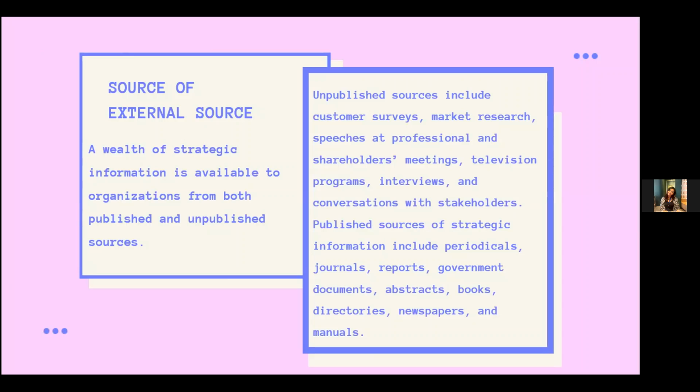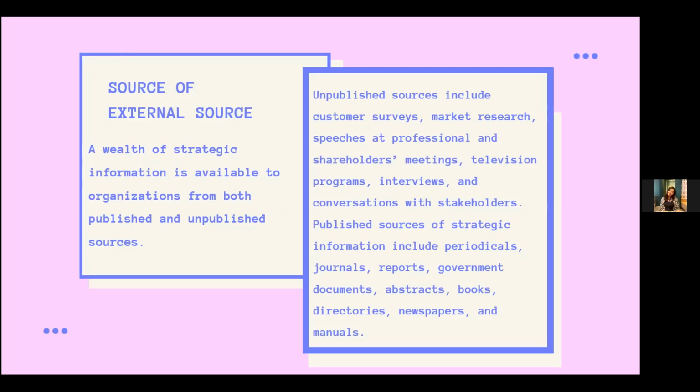And the next one is about the sources of external information. A wealth of strategic information is available to organizations from both published and unpublished sources. So actually there are two kinds of external sources: the first one is published, and the second one is unpublished.